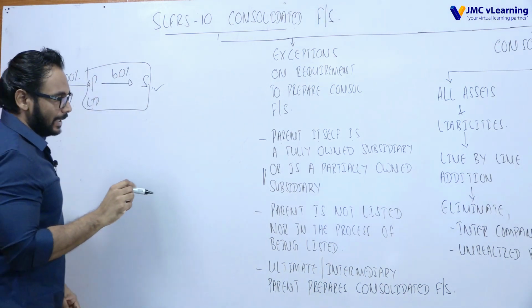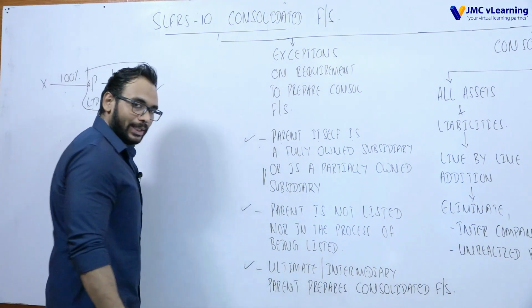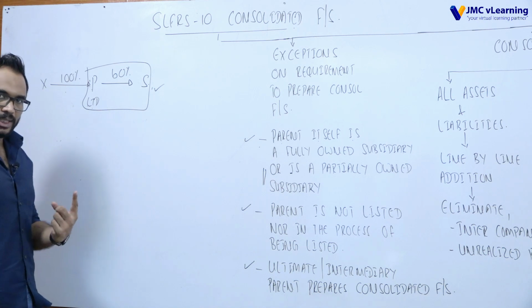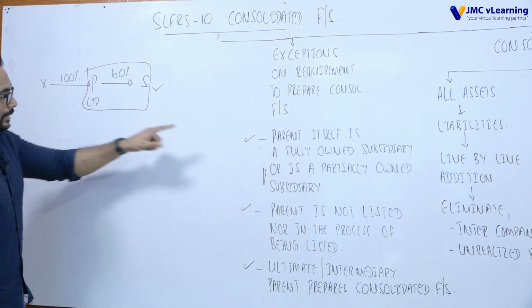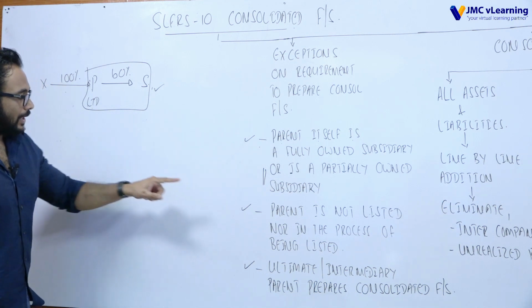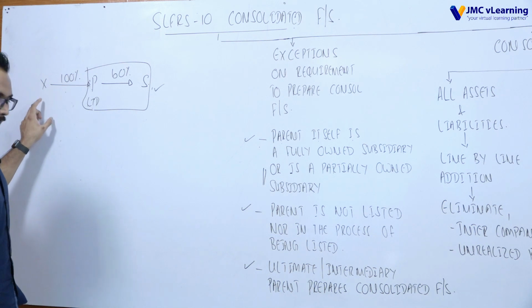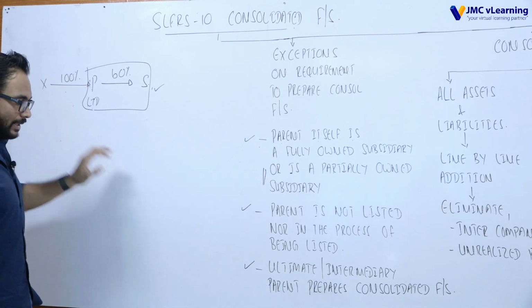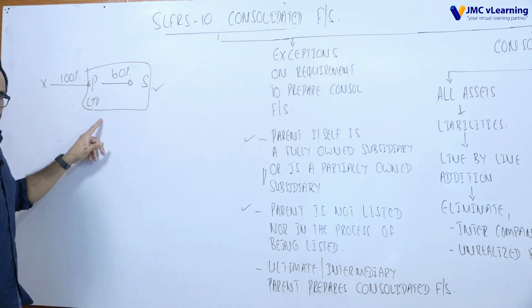So the point I am making is, all three conditions have to be satisfied together, even if one is not satisfied, right? So you see, P is a fully owned subsidiary, this is okay. Parent is not listed, that is also okay. And the ultimate parent is not preparing financials, then this criterion is not satisfied, then P has to prepare financials.